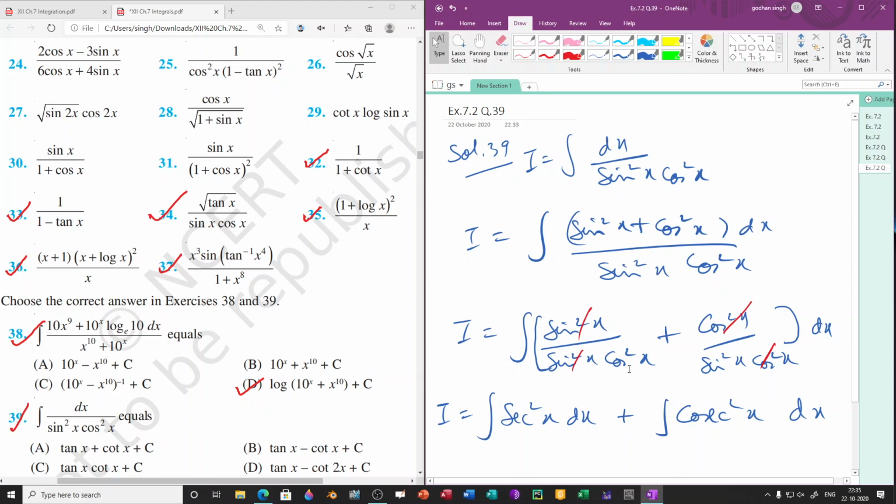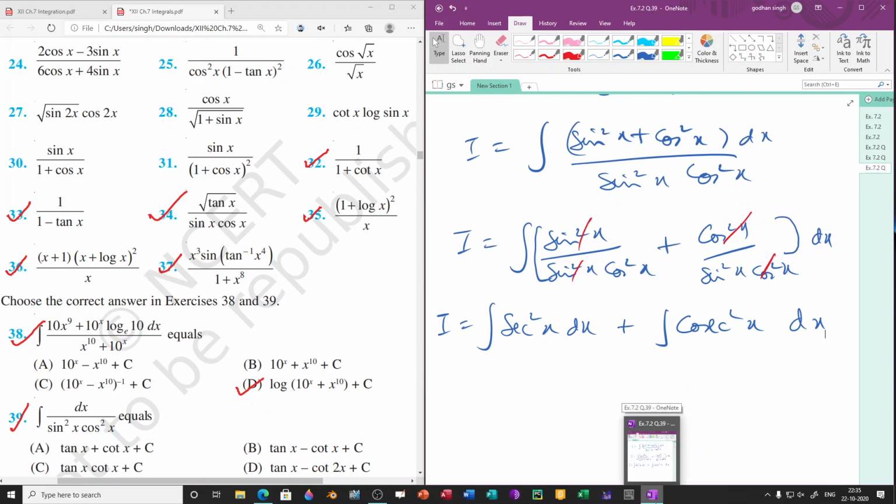So now both are in standard form, and we know the integration of sec square x. Therefore I equal to, integration of sec square x is tan x, and integration of cosec square x is minus cot x.